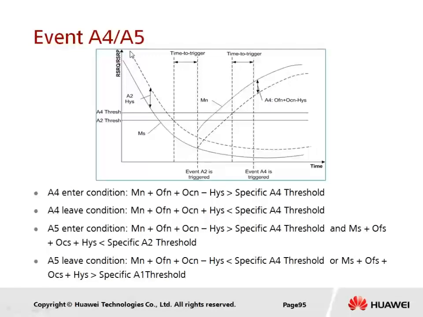So A2 indicates the signal of the serving cell is worse than the threshold. A4 indicates the neighbor cell signal is greater than an A4 threshold. A5 simply combines A2 with A4, where the serving cell constantly remains lower than the A2 threshold, and at the same time the signal strength of the neighbor has been greater than the event A4 threshold for at least the time-to-trigger length.